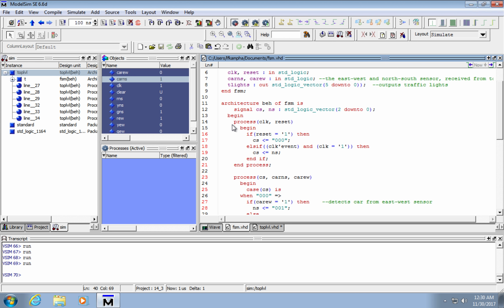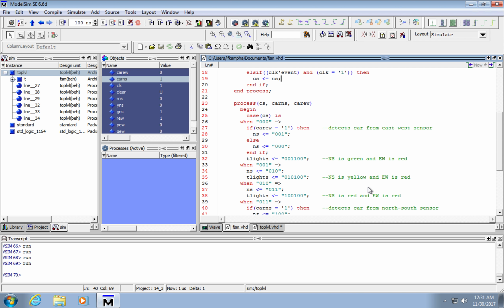This is my process block for my clock and reset. So basically what this does is if my reset is a 1, then wherever state I'm in, it'll go to state 0. This is my current state. If reset is low, then it'll follow the rising clock edge, and my next state will update my current state.